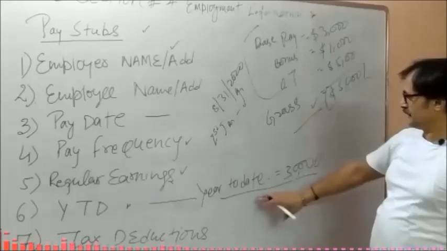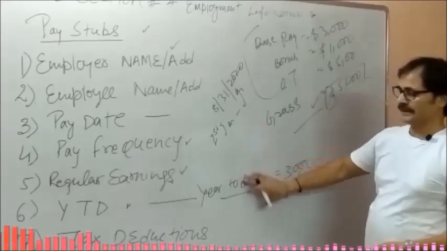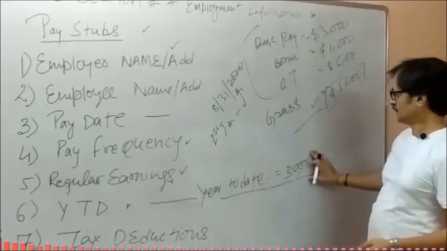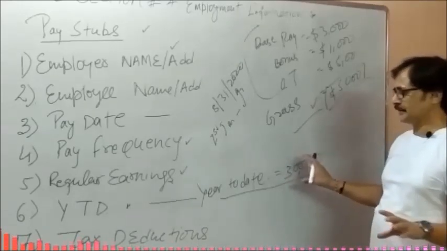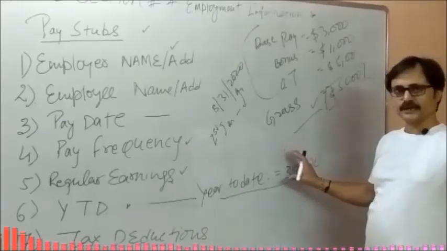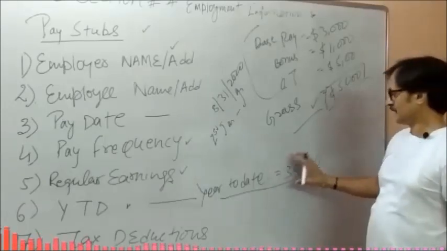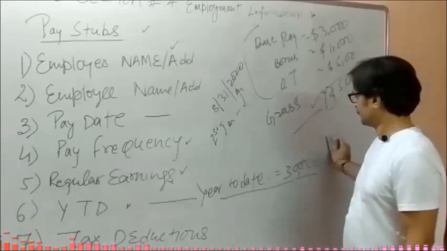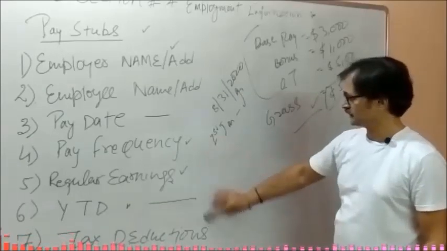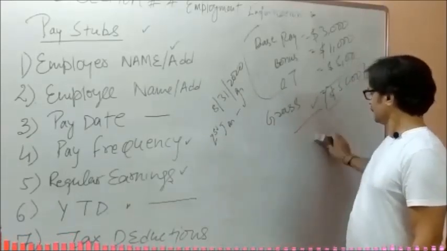But with the YTD income, we will get to know that if you are working with the same employer since the start of the year, then why is your income less, right? So there are different tips, different terms, different calculations. We can identify different things, right?